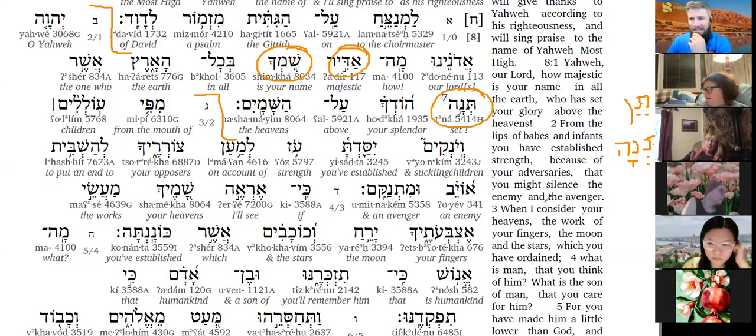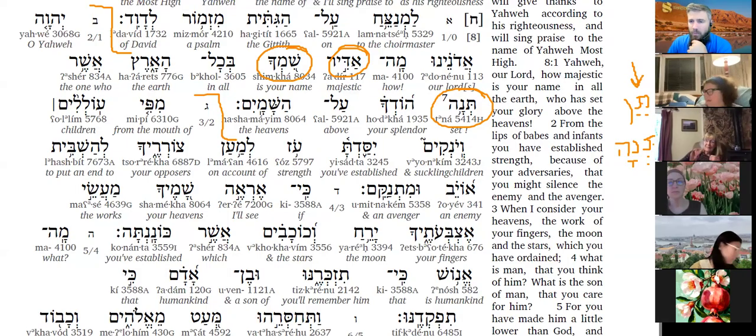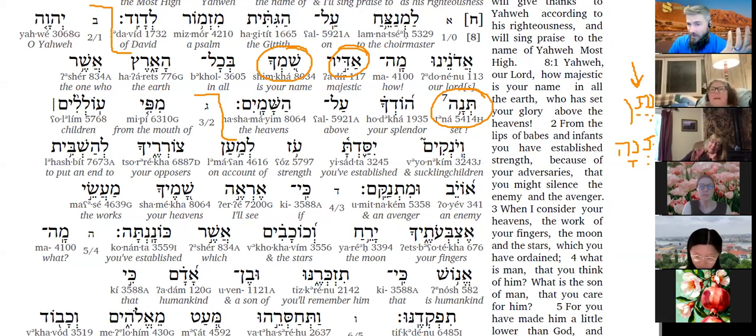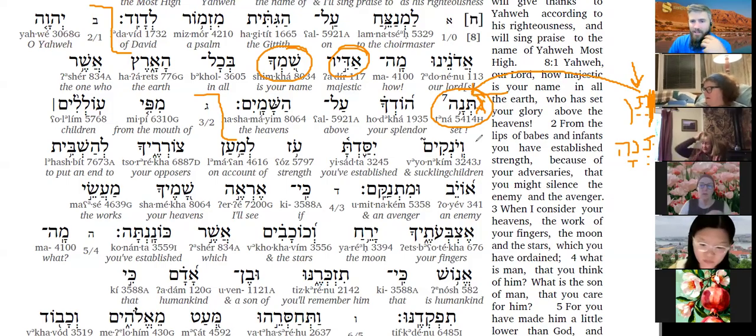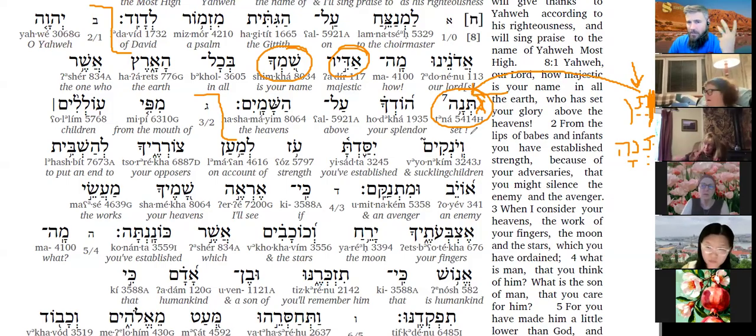Well, why does it have the tav there if it's an imperative? Because the imperative should have been neten, but pay noon verbs will sometimes just lose the noon because it's a weak letter, and it just becomes ten. So this tav is the second root letter tav, and the noon on the front has gone missing. So instead of nitna, it just becomes tna.